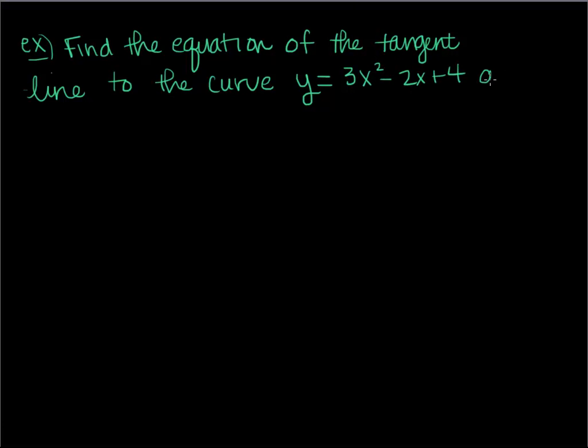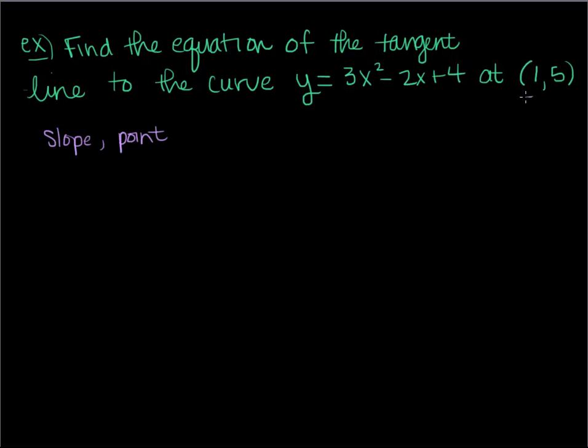And now I need to tell you at a specific point. So let's do this at the point (1, 5). Find the equation of the tangent line to the curve at (1, 5). So what do we need to find the equation of a line? We need a slope, right, and a point.